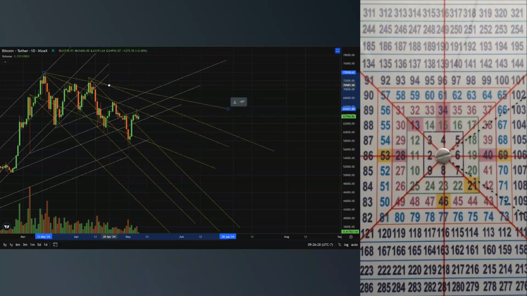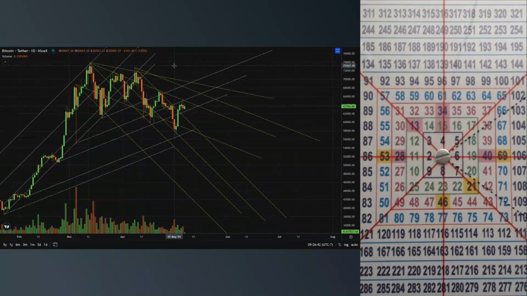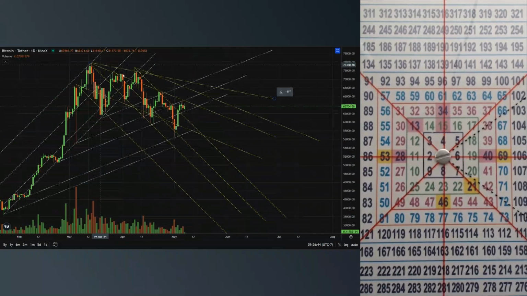Crossing our 45-degree angles here, the asset got very weak and started to show weakness. And you know, guys, it's no secret to seeing which way this is going right now. If we stay above these old bottoms right here, then that's really a show of strength.